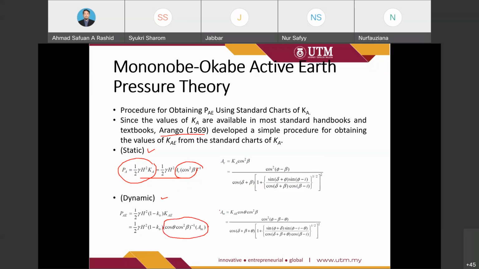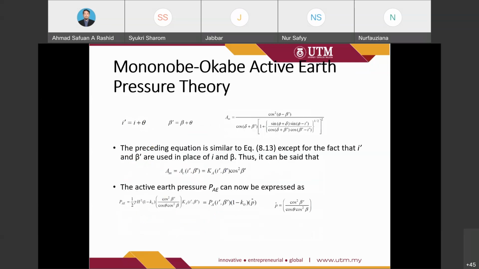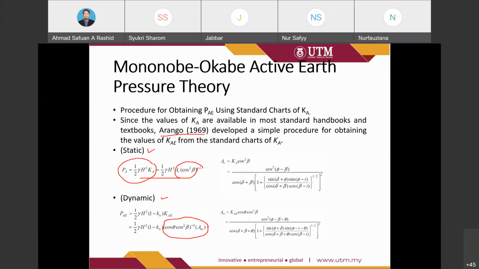It is slightly the same as the one that I have discussed before, where they introduce the theta in the normal equation of the static to determine the KAE.